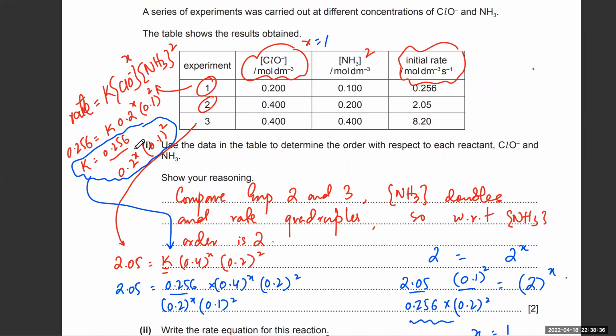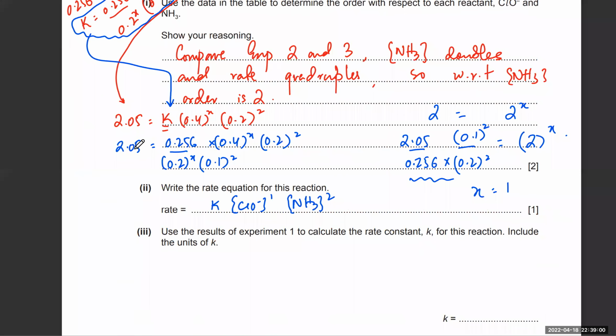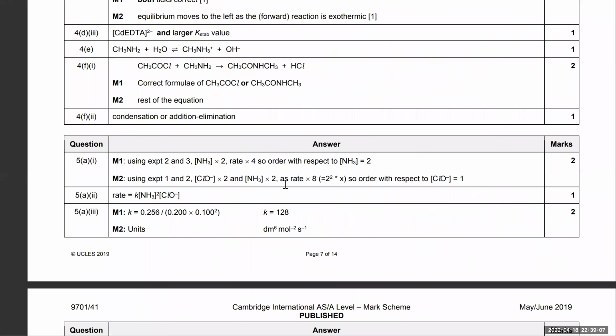Because we found x is equal to 1. Okay, so we are getting 128, which is fine.